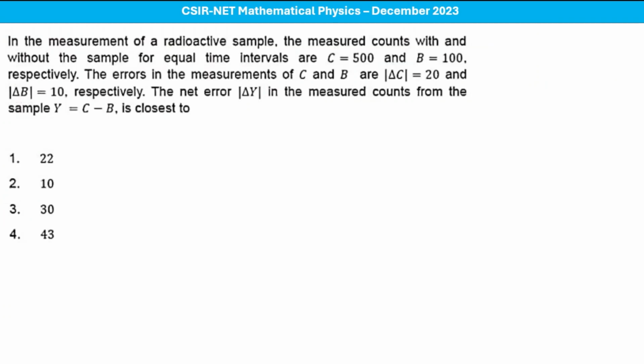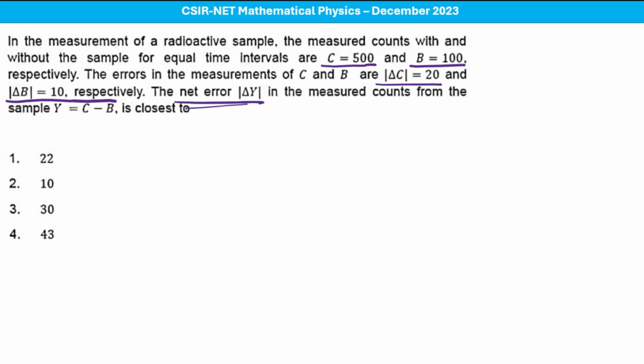Next question. In the measurement of a radioactive sample, the measured counts with and without the sample for equal time intervals are C equals 500, B equals 100 respectively. The errors in the measurement of C and B are delta C equals 20 and delta B equals 10 respectively.